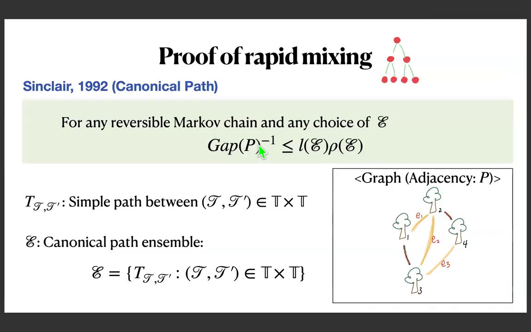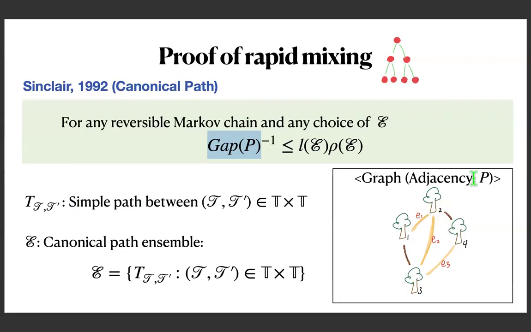Okay, now the technique that we are using to show the upper bound is canonical paths. This is a way of bounding the inverse of the gap. It uses a canonical path ensemble, which is a set of simple paths between any pair of existing states in the state space. What is a simple path?